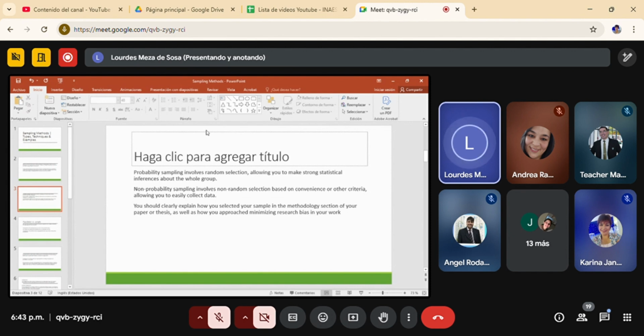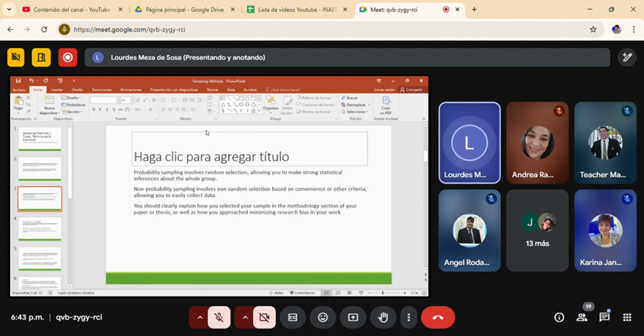A non-probability sampling involves non-random selection based on convenience or other criteria, allowing you to easily collect data. You should clearly explain how you selected your sample in the methodology section of your paper, as well as how you approach minimizing research bias in your work, right?